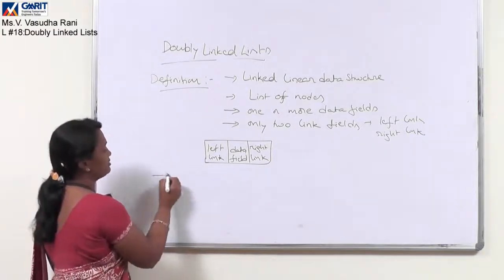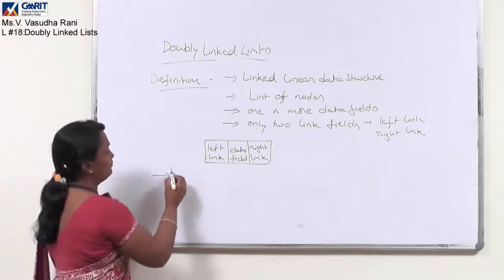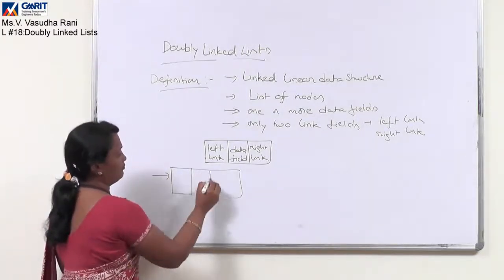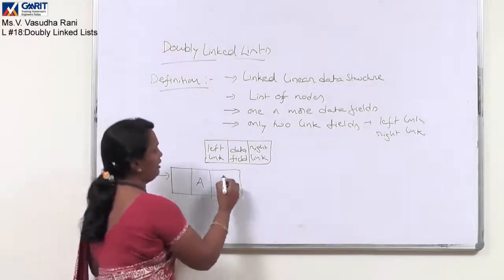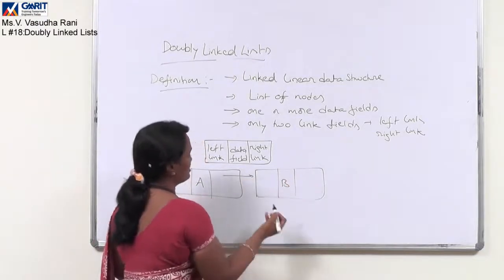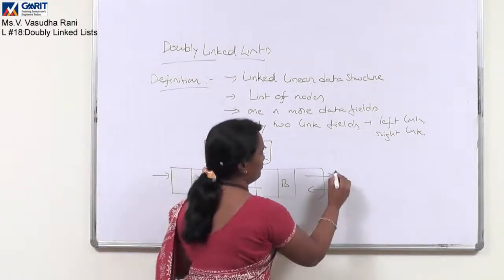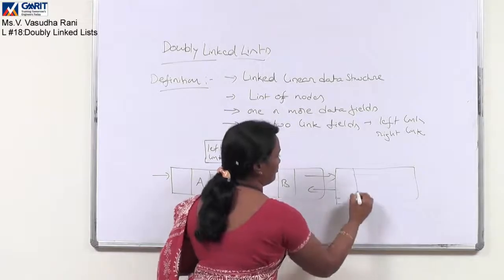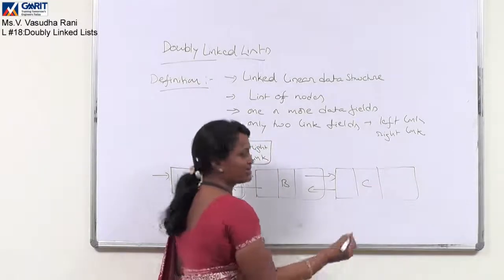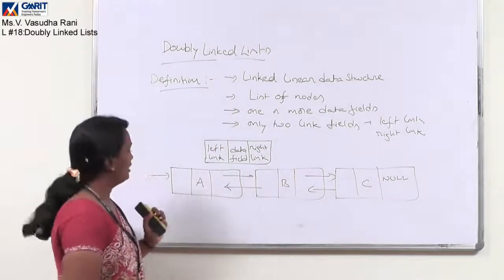Like this, if you consider an example of a doubly linked list with three nodes, this is the node for A, this is the node for B, this is the node for C, whose right pointer is null.